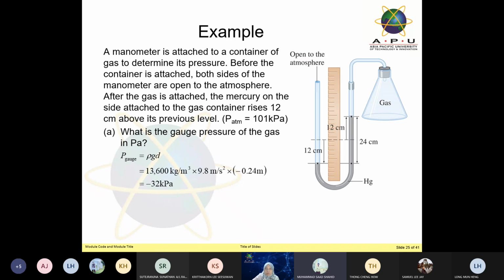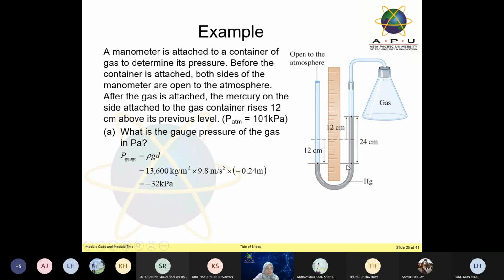Then why have we not chosen 12 instead of 24? Again, follow the sentence here. After the gas is attached, the mercury on the side, this one, attached to the gas container rises 12 cm above its previous level.